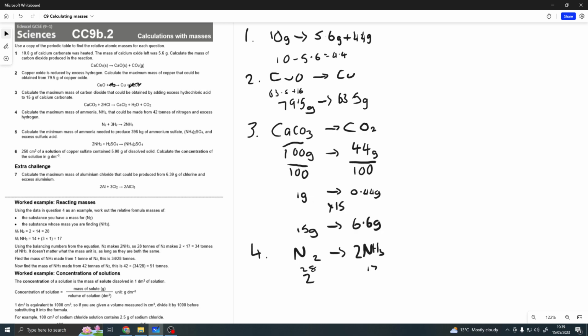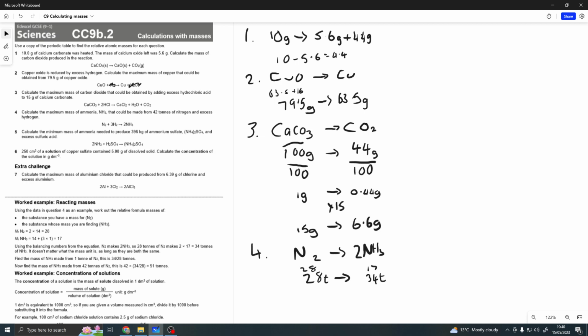So this is telling us that with 28 tons of N2 will make, now obviously this is 2 NH3s, because one of these makes 2 ammonias. So 28 tons of N2 will make 2 times 17, 34 tons of ammonia.